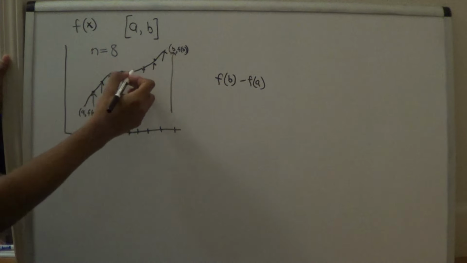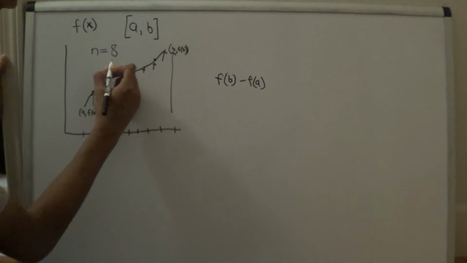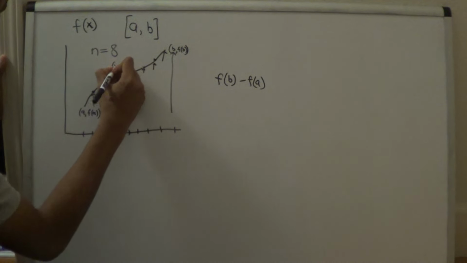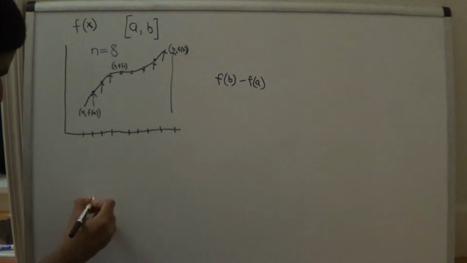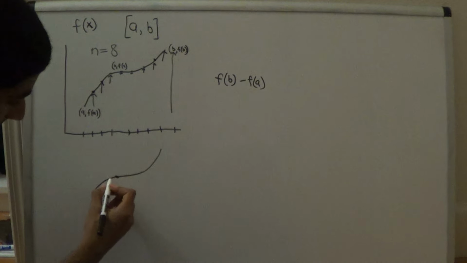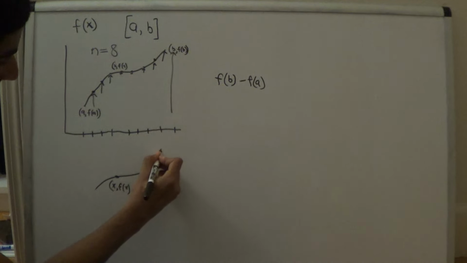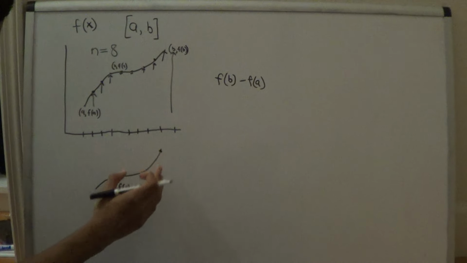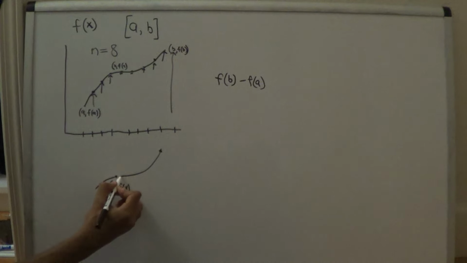So now let's zoom in. Let's choose one of these points, this one for example. Let's call this one x, f of x, and zoom in on that point specifically. So this is the point we're looking at, x, f of x, and this is the next point. So this is one subinterval. And this is the next point.